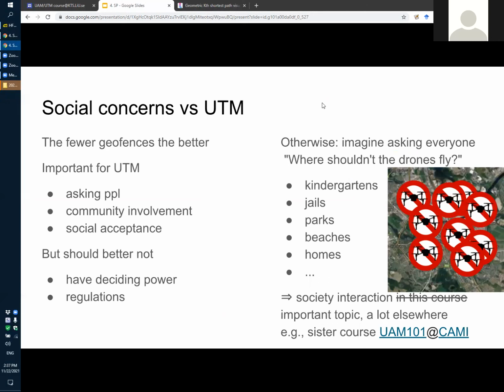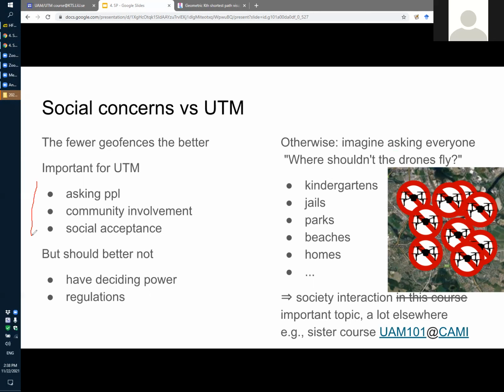But one take-home message that we may have is that the fewer geofences, the fewer obstacles we have, the better it is for UTM, also possibly from the social acceptance view. So it is really important to do all these surveys, go around and ask people and have community involvement. In fact, I'm pointing at the course webpage, the sister course from CAMI, the Community Air Mobility Initiative.